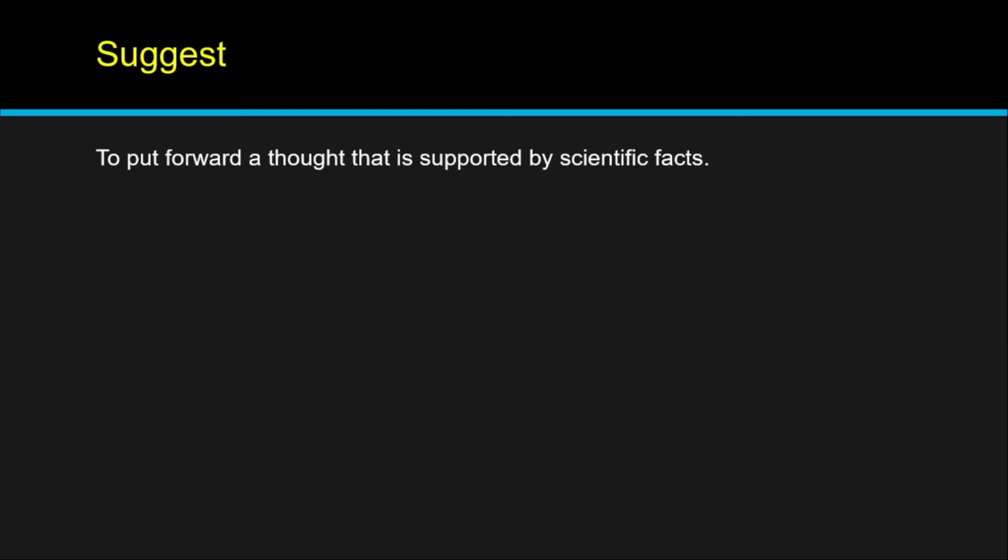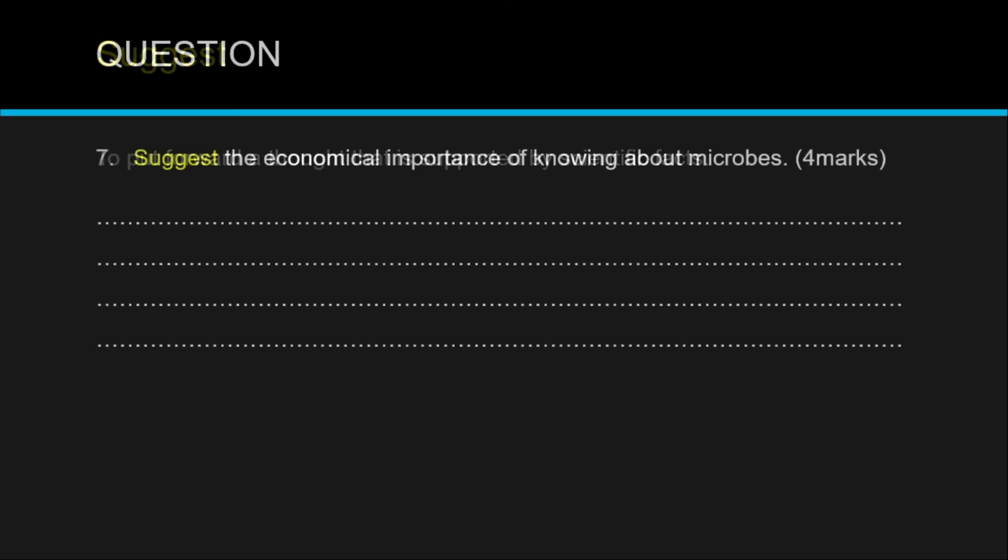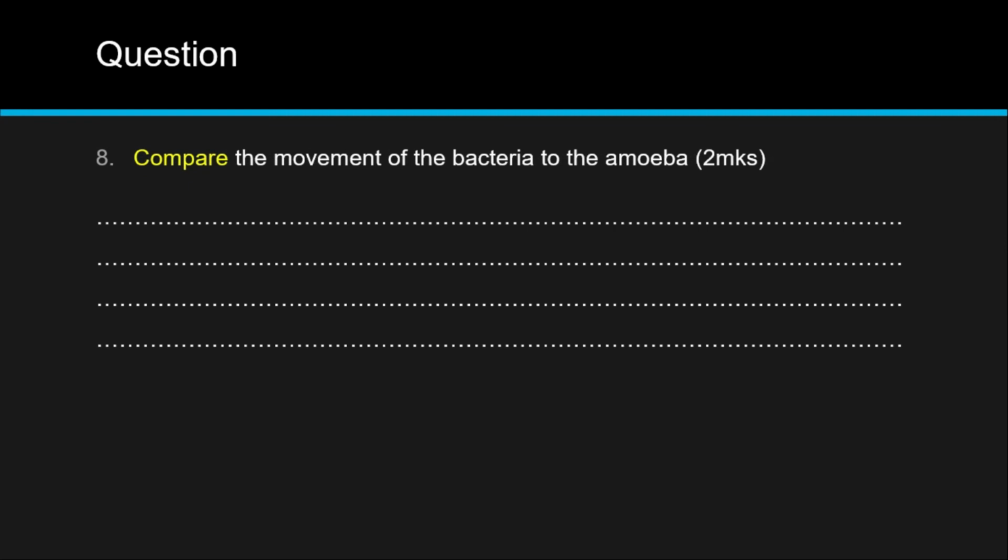No. When you are suggesting, it should be rooted in facts. Alright? Good. So suggest the economical importance of knowing about microbes. Why do we need to know about microbes? Why? Try that for me.